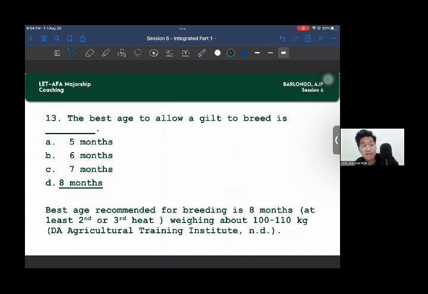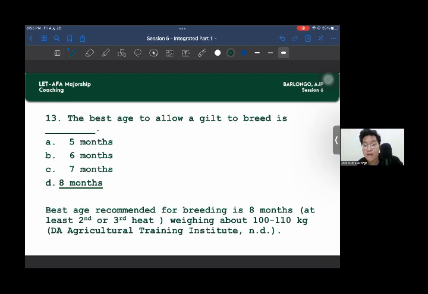So here is the source. It is from the Department of Agriculture, Agricultural Training Institute. So the best age now for breeding is 8 months. So at least second or third heat, weighing about 100 to 110 kilograms.